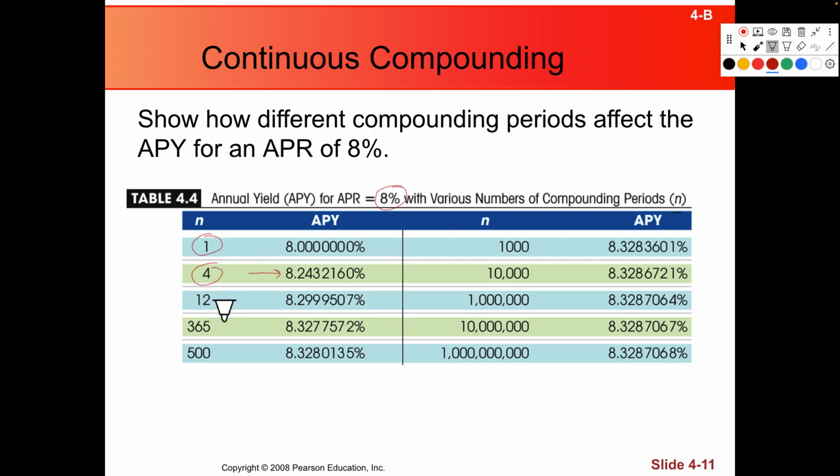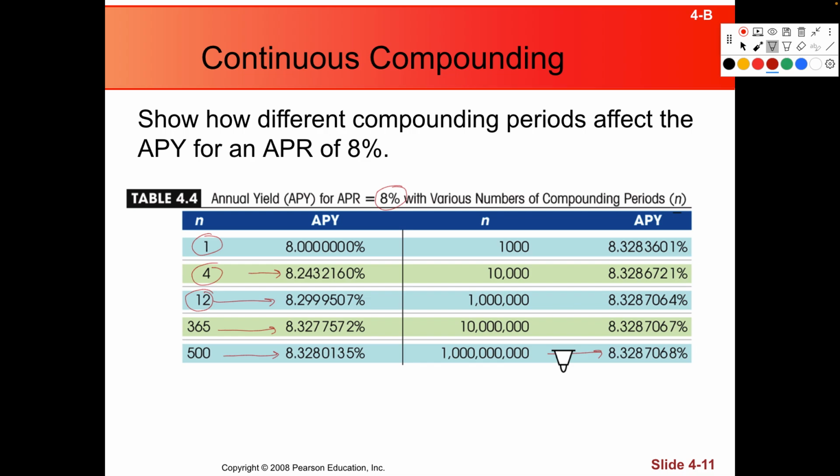And the more times they pay it, so here's 12 times a year, which would be monthly, it goes up. Daily, it goes up. But notice there's sort of a limit. No matter how many times you do it, 1 billion times, it doesn't get much bigger than 8.3%. And that was monthly. So once you're compounded monthly, that's pretty much as good as it gets.